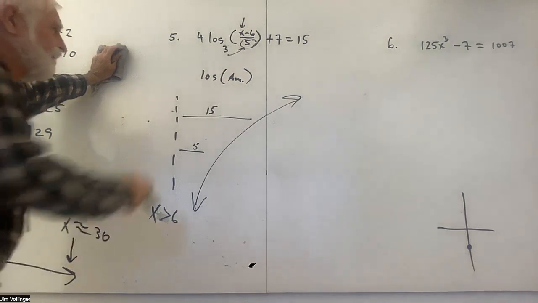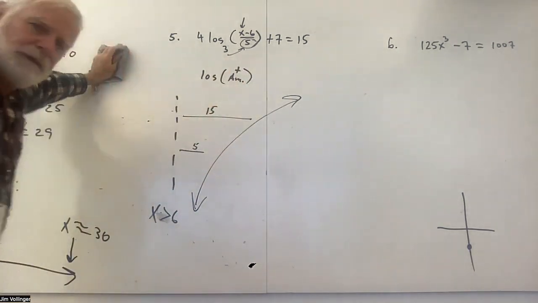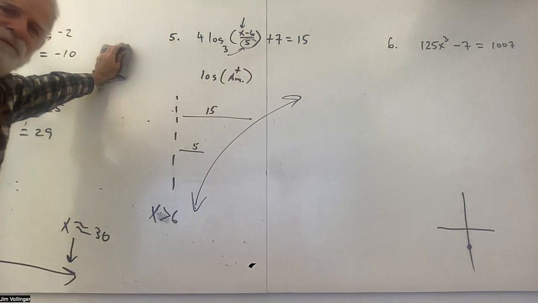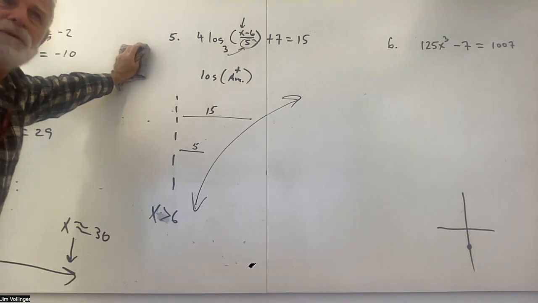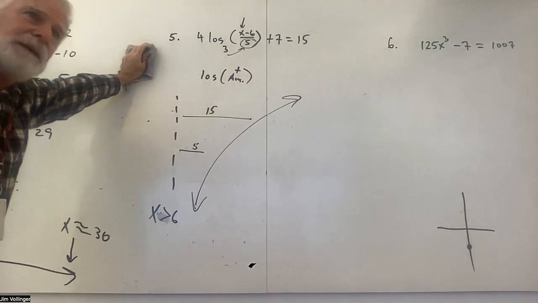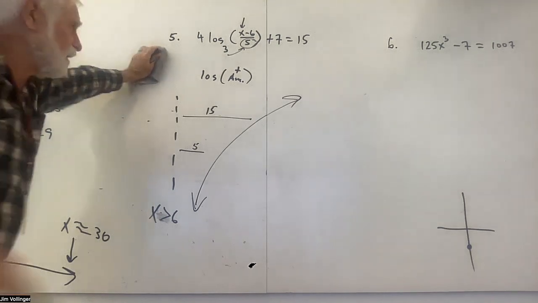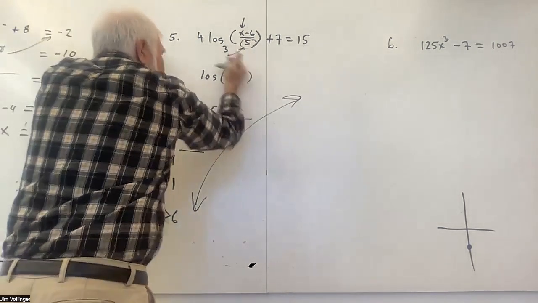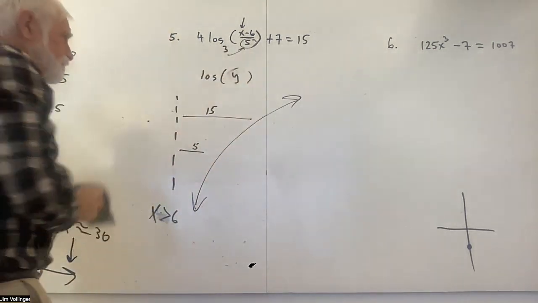If we don't have a positive amount of something, then there is no inverse to that. Got to have something. If we're talking about time to growth or time to decay, there's got to be something there for the y values. And we're really logging the y values that come out of growth and decay functions.